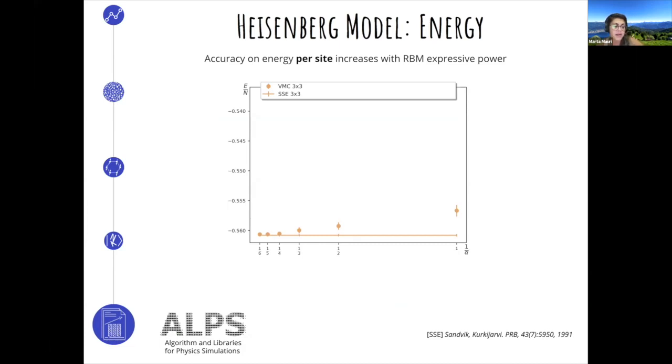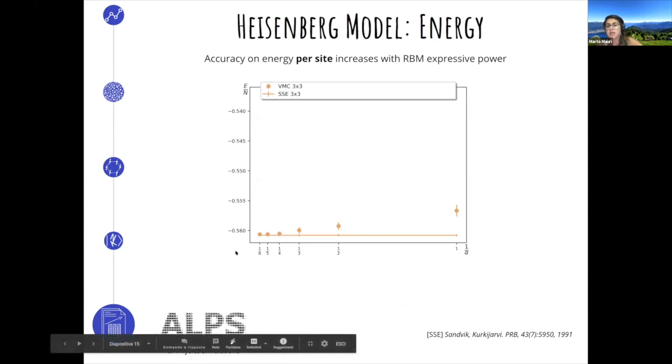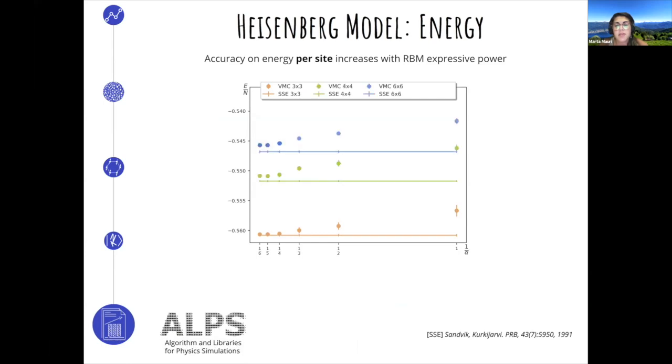We also compared the results that we obtained in the variational Monte Carlo setting with exact quantum Monte Carlo simulations that we ran using the ALPS library. These are the results for the 3x3, 4x4, 6x6, and 8x8 lattices. We can see that as we increase the expressivity, the energy is getting closer to the exact value.